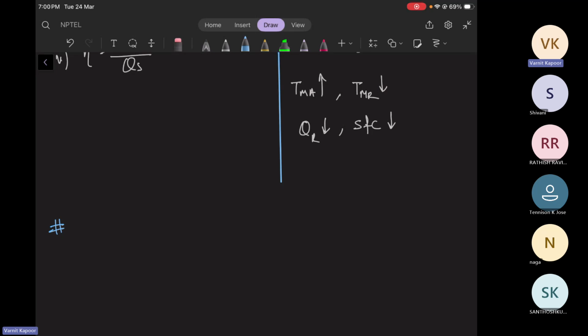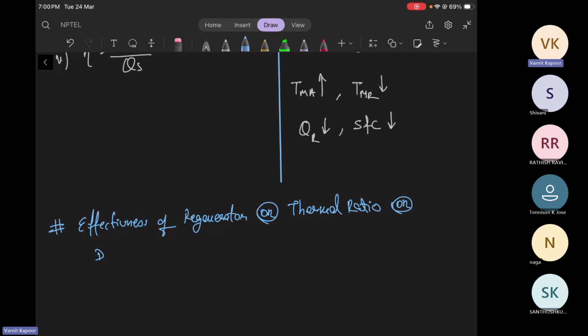The effectiveness of the regenerator is also called the thermal ratio. If the question asks what is the thermal ratio, it is the same as effectiveness, or it is also called the degree of regeneration.